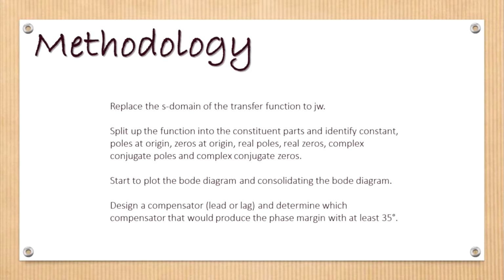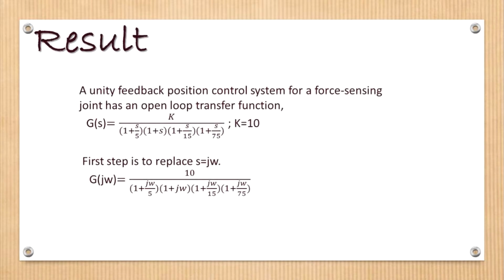After that, start to plot the Bode diagram and consolidate the Bode diagram. Lastly, design a compensator and determine which compensator would produce the phase margin of at least 35 degrees.